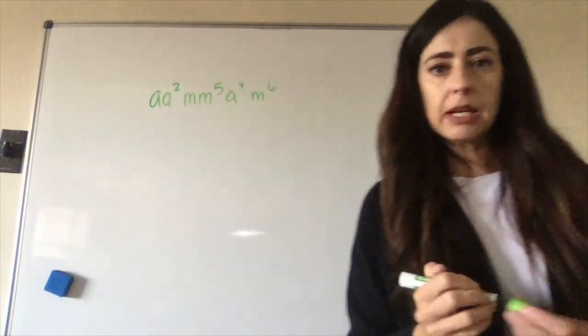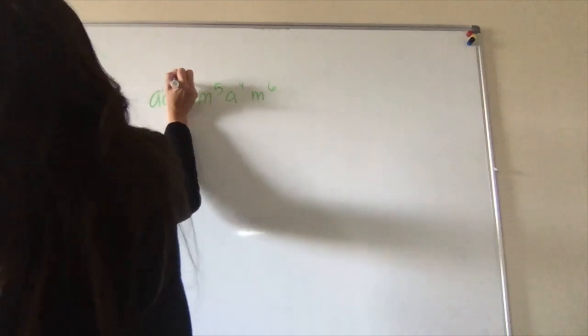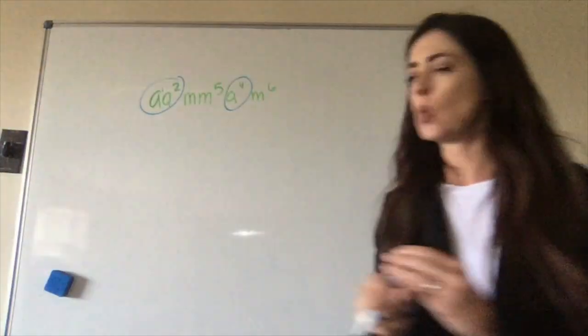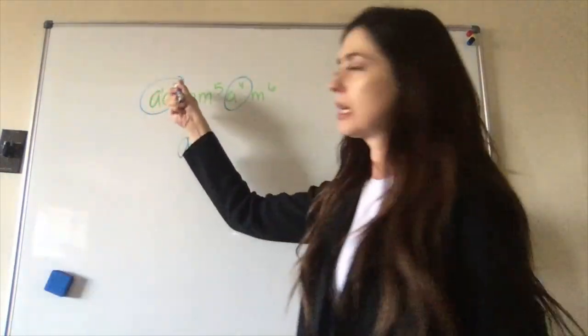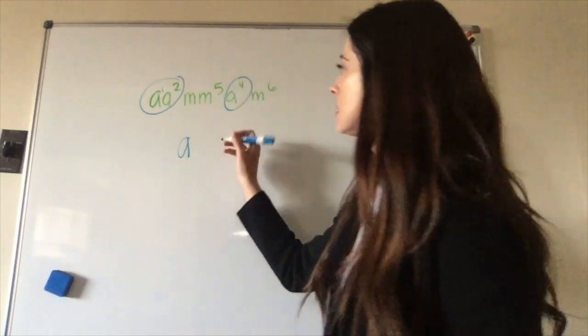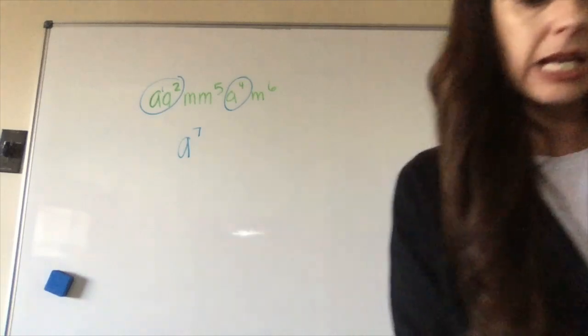So again, I'm going to get my colors out. And I'm going to say, okay, I have an a to the 1 here, and an a squared, and then an a to the fourth. So I'm going to bring my base a down, and 1 plus 2 is 3, plus 4 is 7, okay? So I took care of my a's.